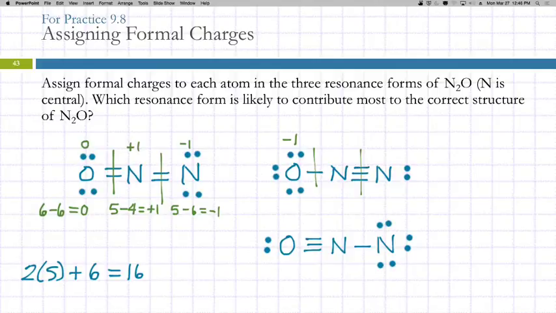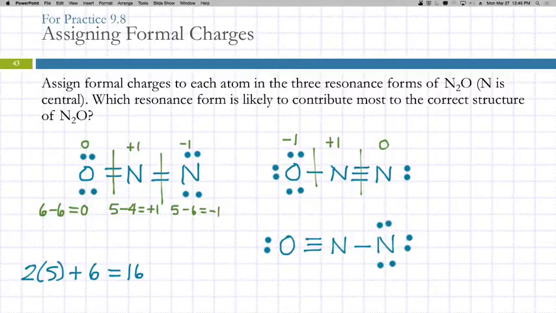Things break up, it's got 4. 5 minus 4 is positive 1. Nitrogen on the end came in with 5. Split it up, it's got 5, so this is 0. You seeing how I'm doing that? It's like learning to play Candyland or something. It's not difficult, you just have to realize what you're supposed to be doing.